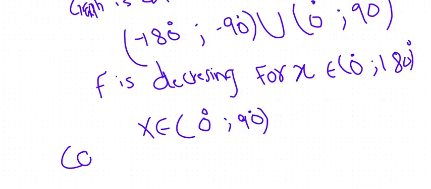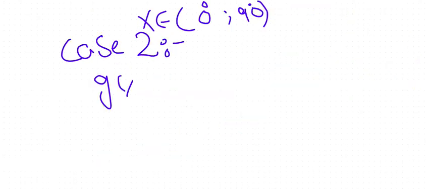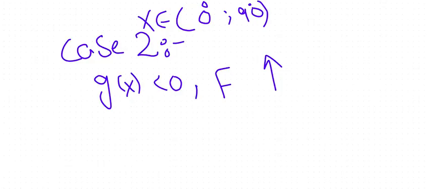For case two, we say that g(x) is less than 0 and f is increasing. So g(x) less than 0 is where the graph is below the x-axis. This occurs in -90 degrees to 0 degrees, union 90 degrees to 180 degrees.